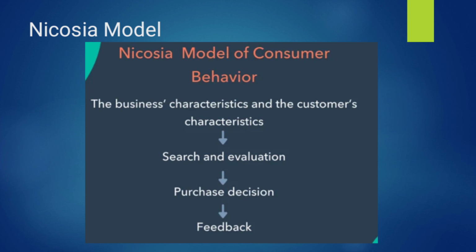So the Nicosia model emphasizes the business first and the customer second. It argues that the company's marketing messages determine whether customers will buy or not. So the model is comprised of 4 fields, that is business characteristics and customer characteristics, search and evaluation, purchase decision, and finally the feedback.